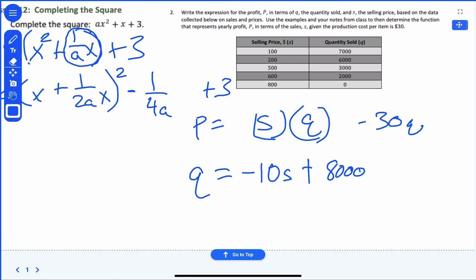Does everybody agree with that? Anybody not? Why is it 10S? What is negative 10S times 100?